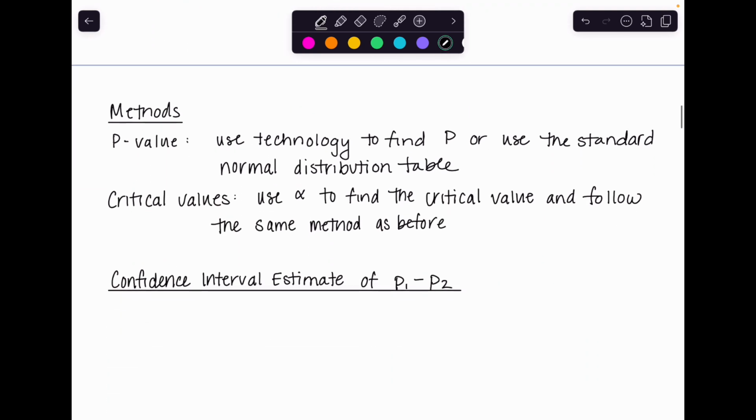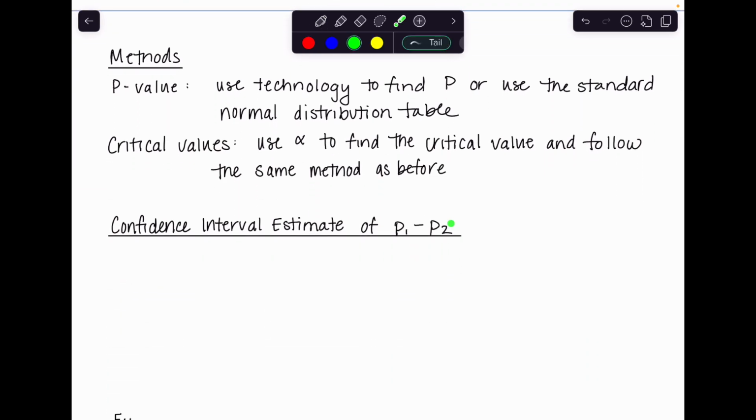The other thing we can do is find a confidence interval for this difference, so we can see really how far off these two proportions are from each other. The way we do that is, the difference is bound by the sample difference of those sample proportions plus some error, and also the difference of those sample proportions minus some error.